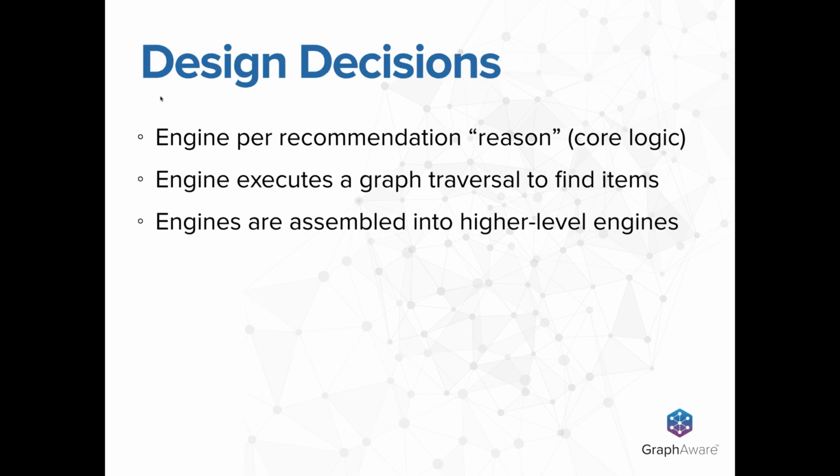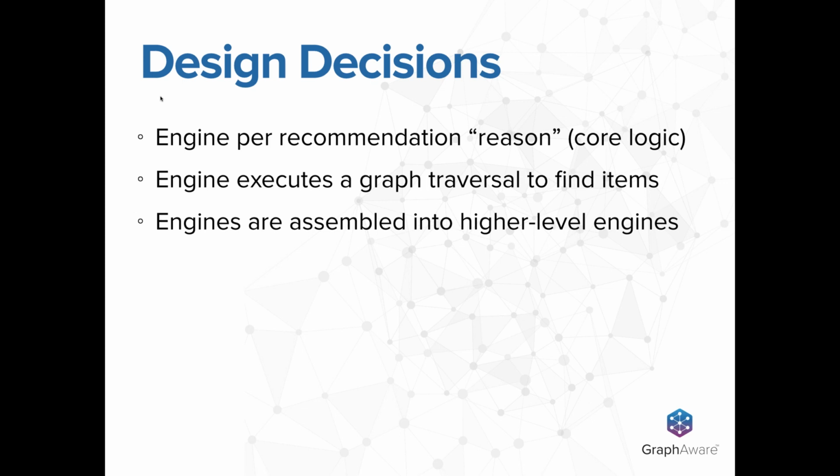We've made a few design decisions building this library, and I'm going to briefly go over those. The first one is that there is one what we call engine per recommendation reason. What that means is when I presented that list of different ways of recommending people you may know, each one of those ways would be a separate recommendation engine plugged in.